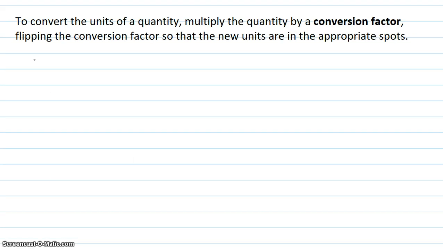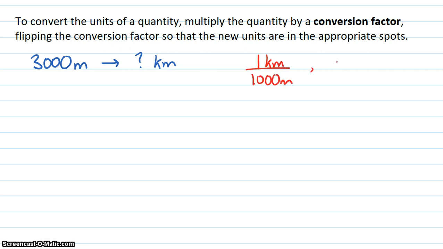Let's say we wanted to take 3,000 meters and convert that into a certain number of kilometers. Again, those two conversion ratios were 1 kilometer holds 1,000 meters, or you could say that there are 1,000 meters in 1 kilometer.